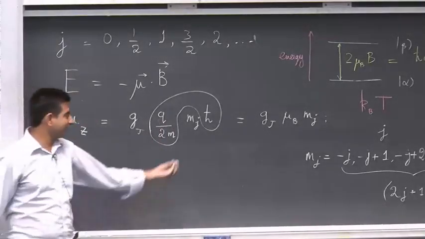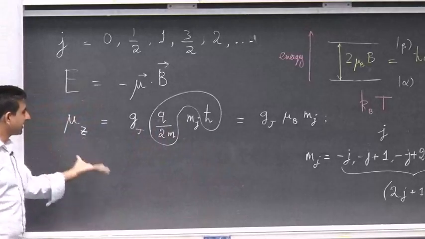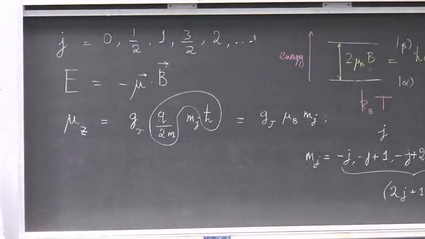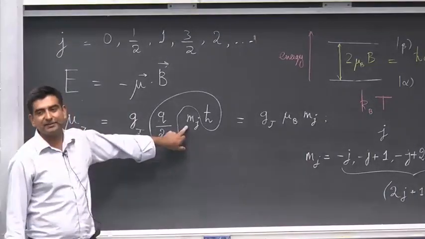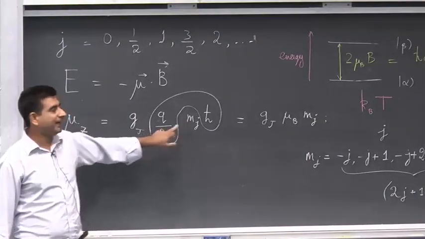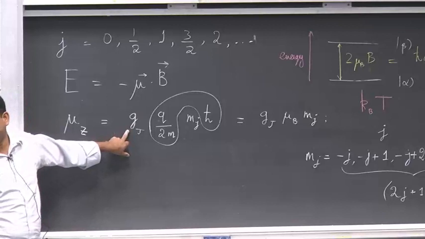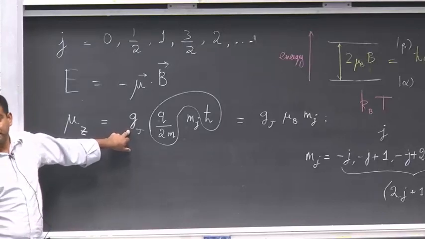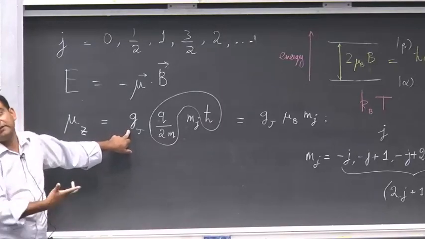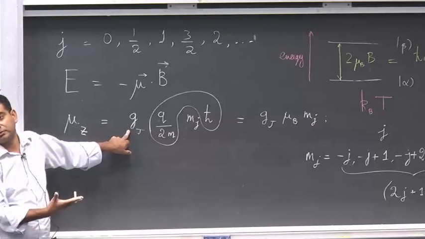Mj is quantized, okay, which means that the magnetic moment is going to be quantized. For an electron, this is simply m, plus half or minus half, and G is 2 for an electron spin. But for an arbitrary spin, this could take up any value, Gj.